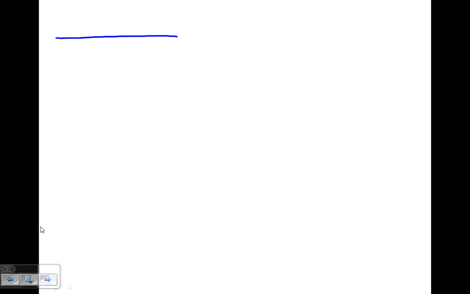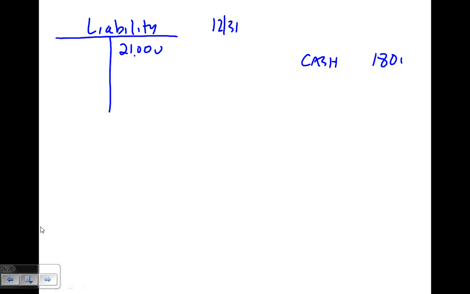So I'm just going to combine these two accounts. I'm going to say liability equals $21,000, right? And on my first interest date, 12/31, I know I'm going to pay cash of $1,800. And right, what I know is that this liability after those 3 interest dates has to end up at $18,000. So I'm going to be making amortization entries here.